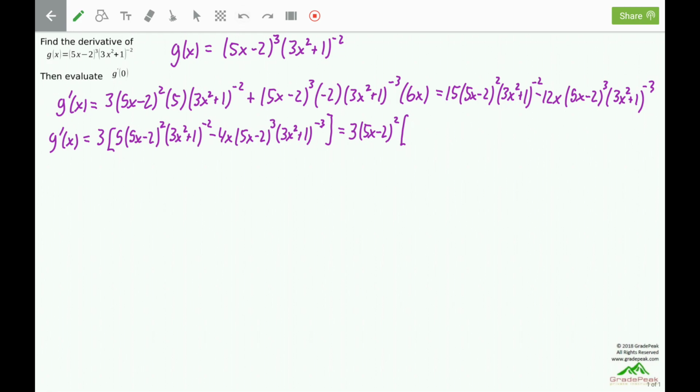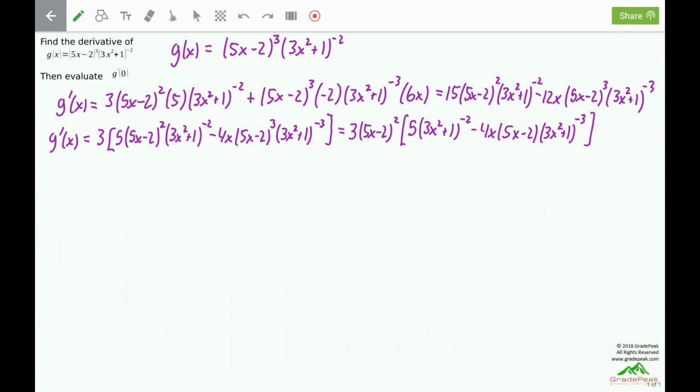So that means we will have a 5 and a (3x squared plus 1) to the negative 2, and we will have a negative 4x, and we have a (5x minus 2) to the first power, and we have a (3x squared plus 1) to the negative 3 power.